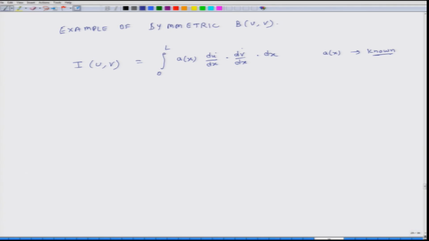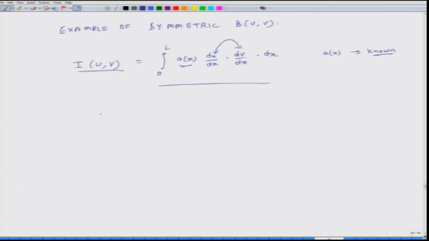So, I depends only on u and v. Of course, it depends on A, but that dependence does not change because A is not changing. If I replace u and v with each other, this entire expression does not change.